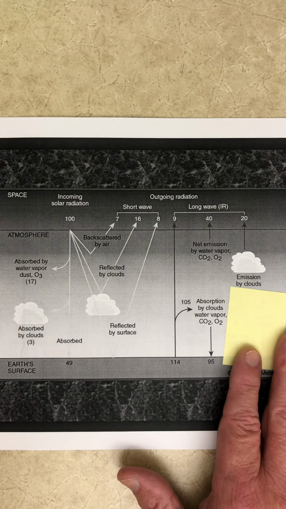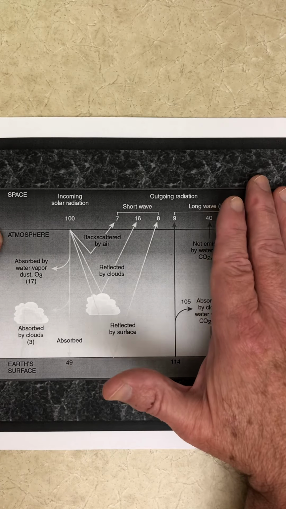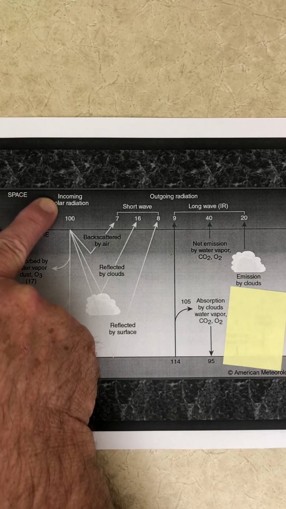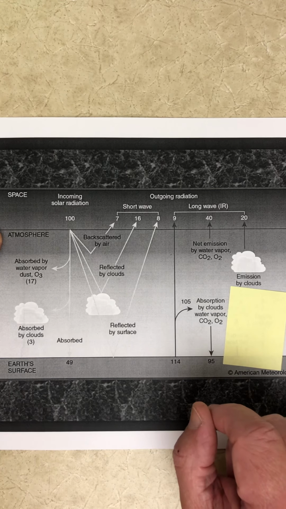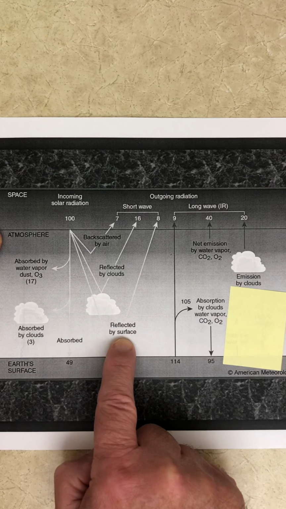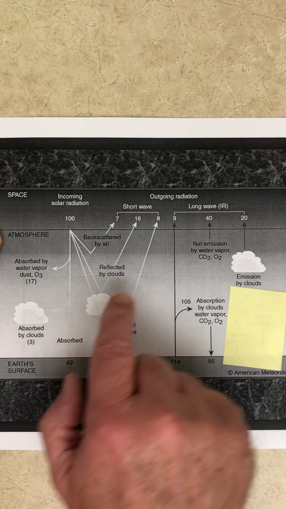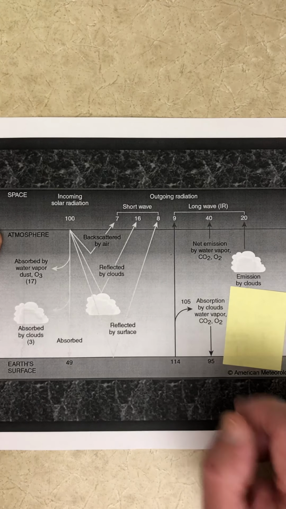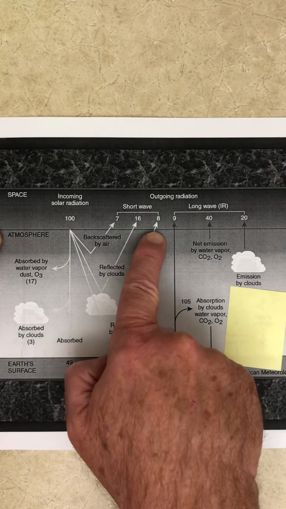So in chapter 3, we talked about the 3 fates of solar radiation as it passes through the Earth's atmosphere. We said that one thing that can happen to it is it can be reflected. Okay, so it could be reflected by clouds, it could be reflected by the surface, primarily snow, maybe water surfaces. And we had mentioned that 24% of incoming solar radiation is reflected back to space.